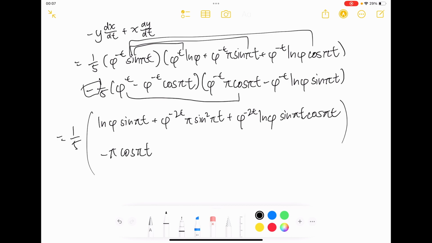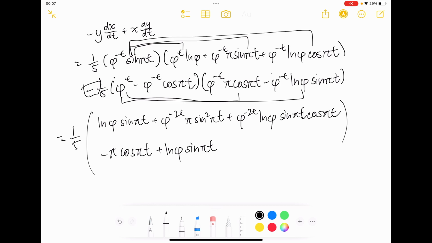Let's do this bit, which is, no, it's going to be a plus. We've got a plus and a minus and a minus, so plus times minus is plus. Yes, and natural log of phi sine pi t.